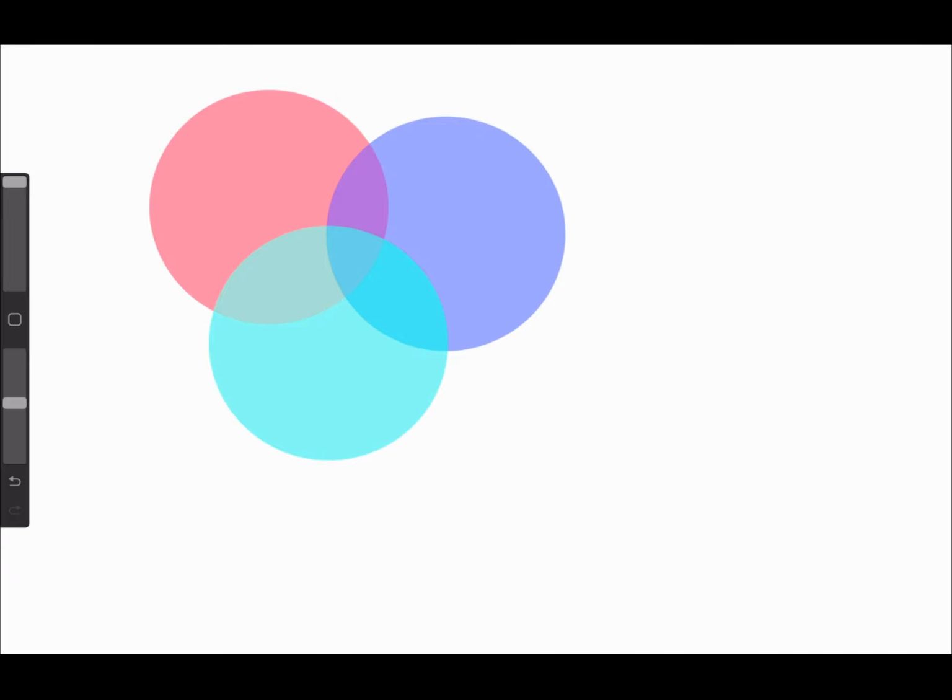What you can see here is that red, blue and cyan all have their colors until they mix with a different color. This part shows the characteristics of both red and cyan.